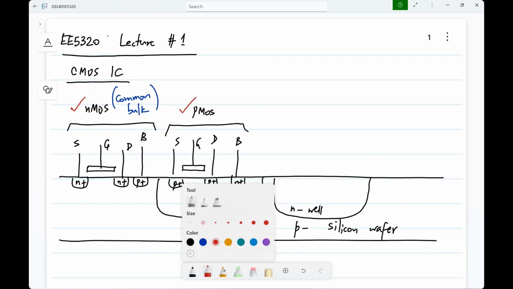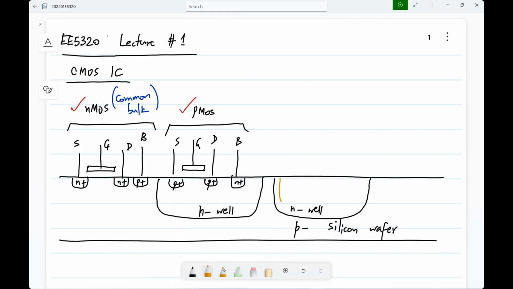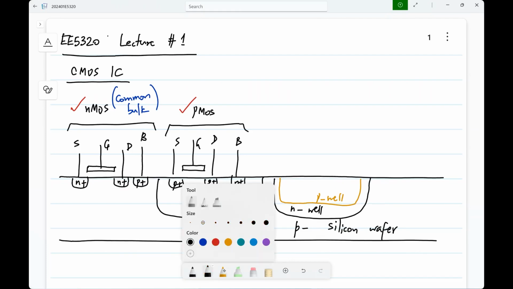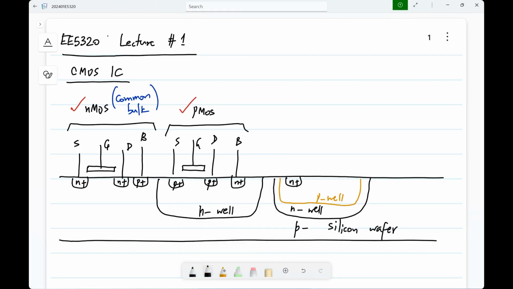So we could have, let's say within this, you create another P well, and within that, you make an NMOS transistor, with drain, gate, source, and bulk. Now, in this case, this has a separate bulk.